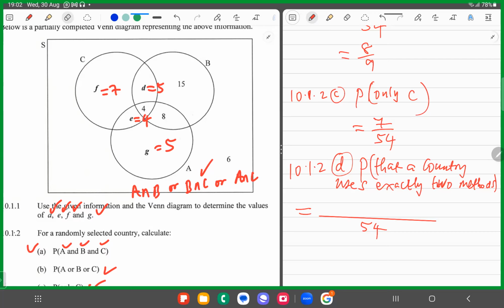So what is this thing? And what is the probability of this here? Okay, so we continue with our calculation.